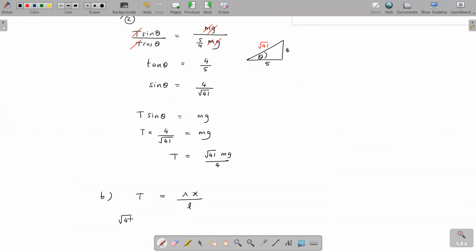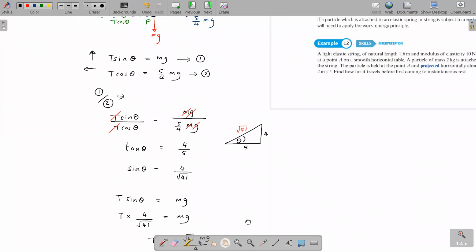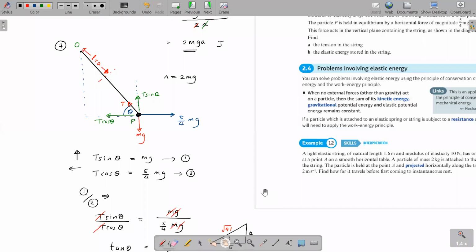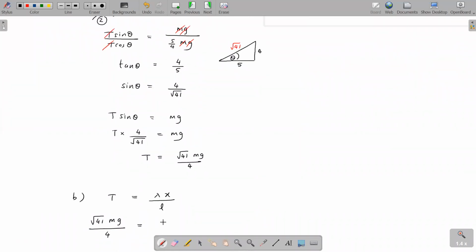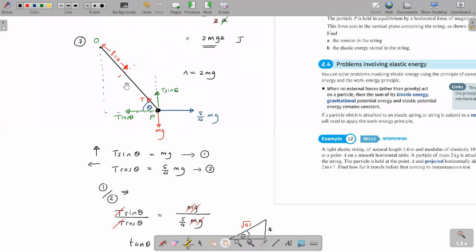Tension is root 41 mg over 4 equals lambda, which is 2 mg, right? In the question, lambda is 2 mg. Extension is what I'm finding, the x value, over natural length L, and natural length is A. Agreed?